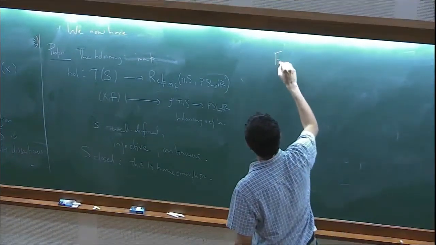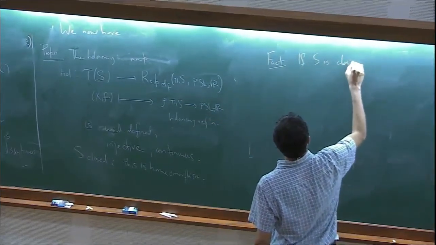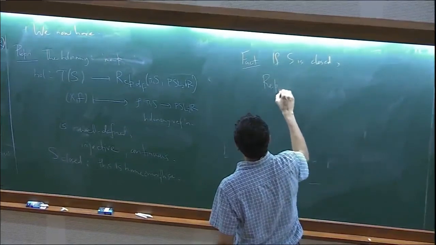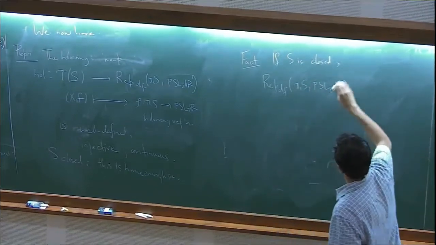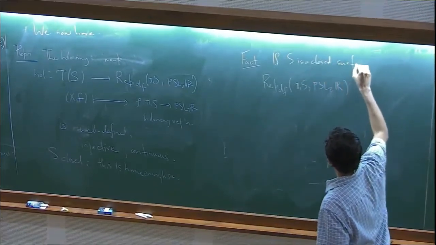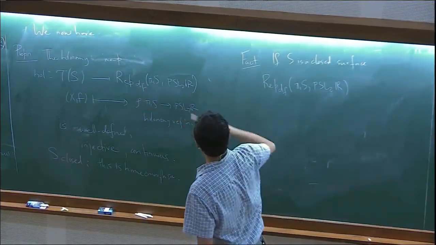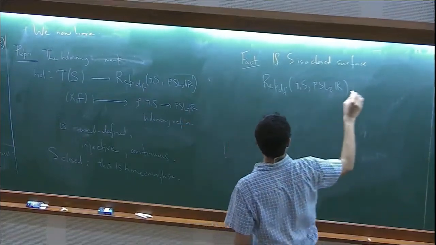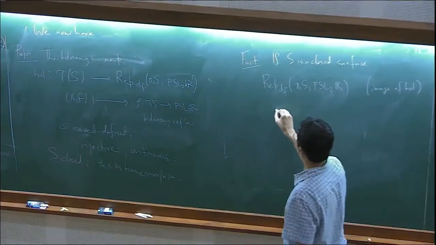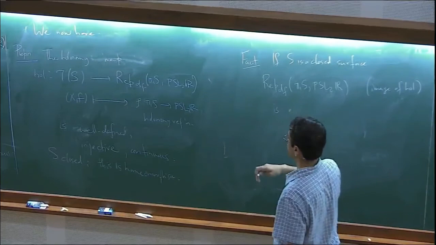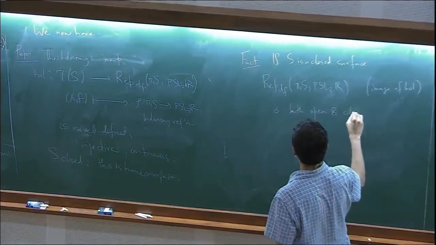The fact is that if S is a closed surface, the space of discrete faithful representations that you get as an image here, the image of the holonomy, is a component of the representation variety. Let me just say it's both open and closed.